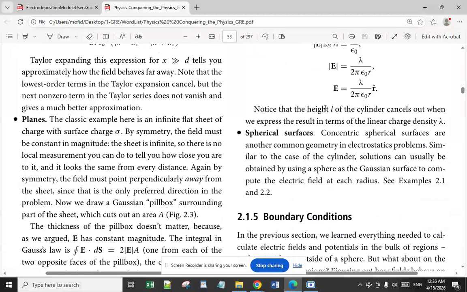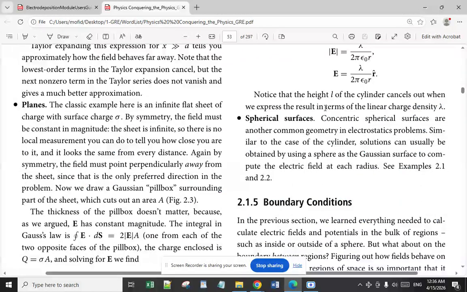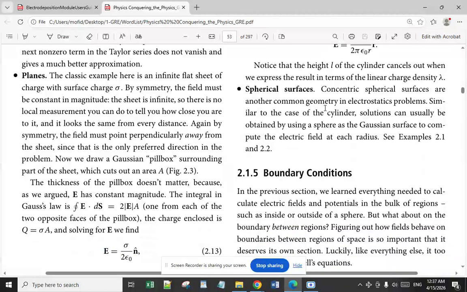Now we draw a Gaussian pillbox surrounding part of the sheet, which cuts out an area A, which is related to figure 2.3. The thickness of the pillbox doesn't matter because, as we argued, E has constant magnitude.